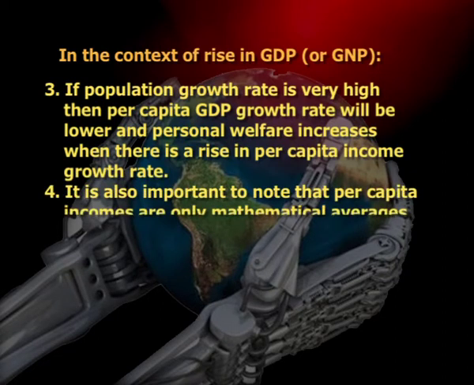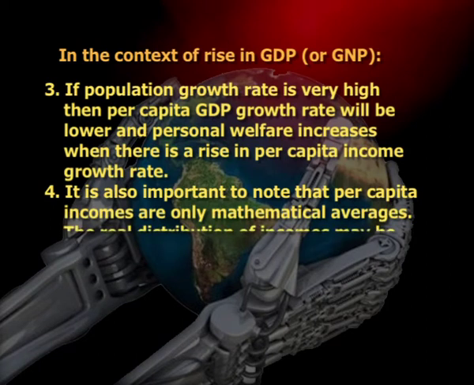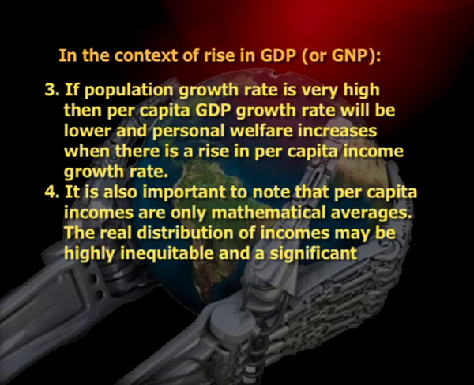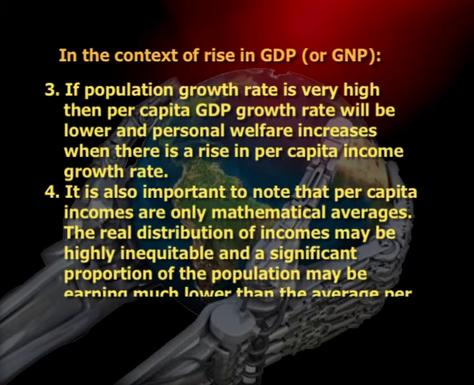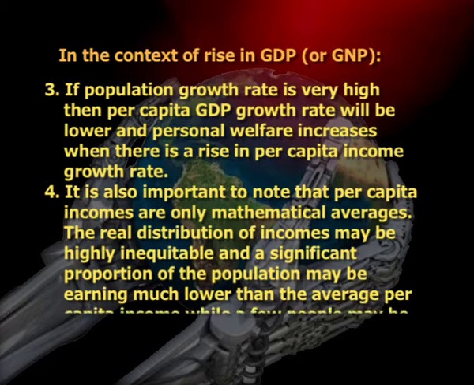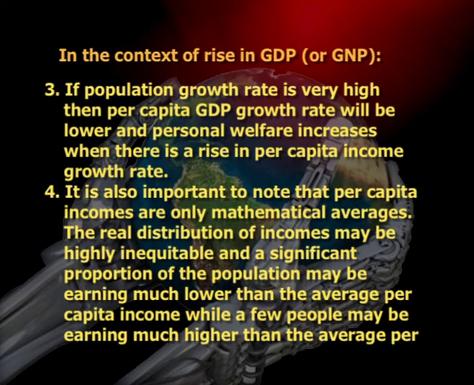It is also important to note that per capita incomes are only mathematical averages. The real distribution of incomes may be highly inequitable, and a significant proportion of the population may be earning much lower than the average per capita income, while a few people may be earning much higher than the average per capita income.